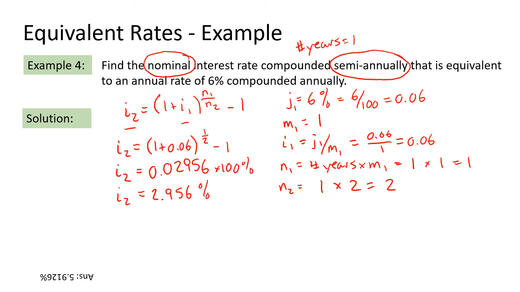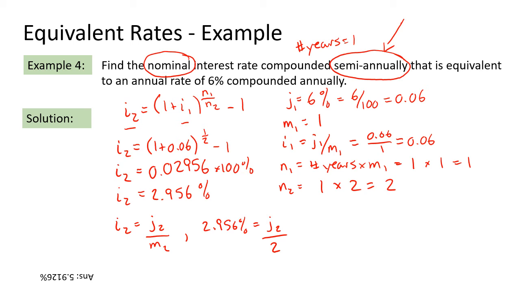Now remember, that's periodic. The question asked for the nominal interest rate. We know that the periodic interest rate is equal to the nominal interest rate divided by the number of compounding periods per year. So 2.956% has to equal the nominal interest rate, J2, divided by 2, which is the number of compounding periods per year for the second scenario, semi-annually.